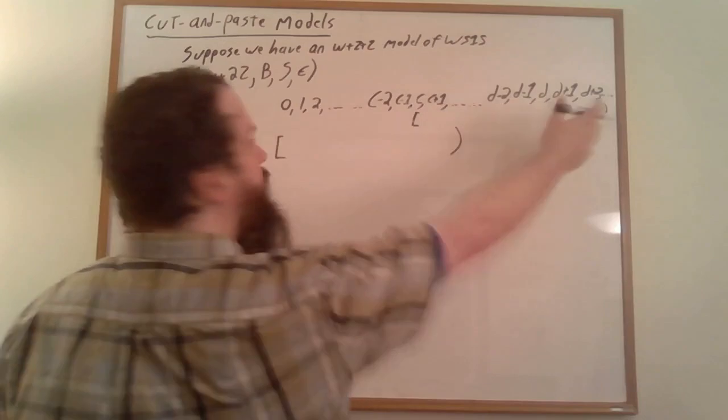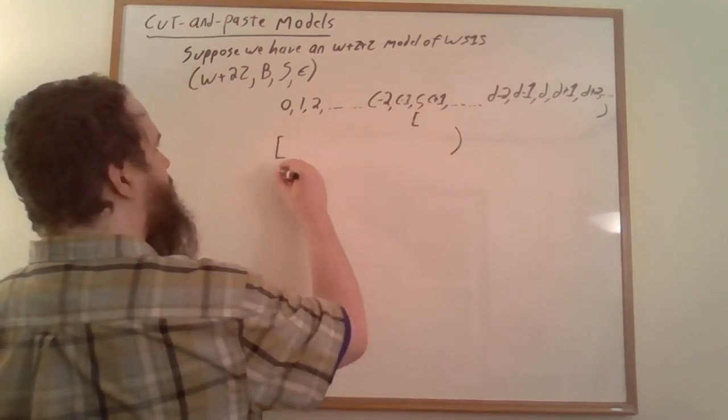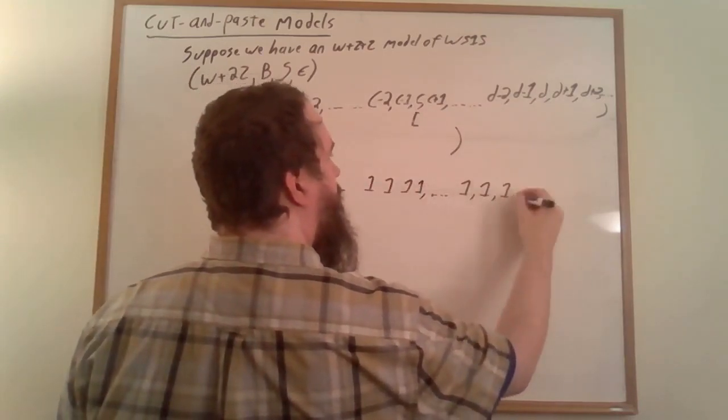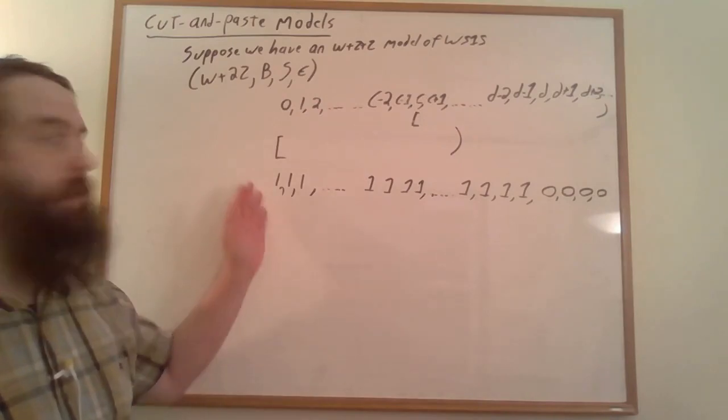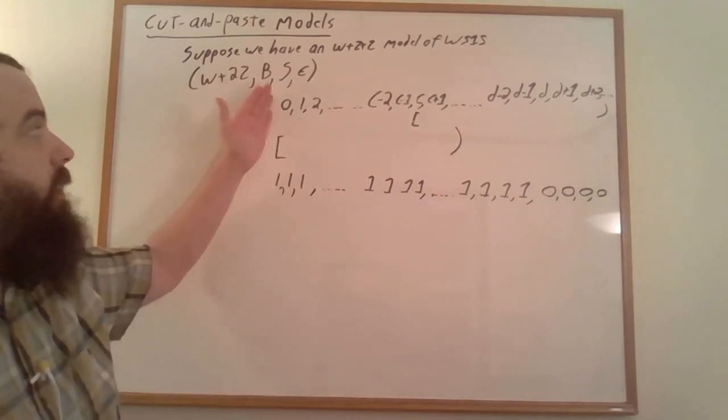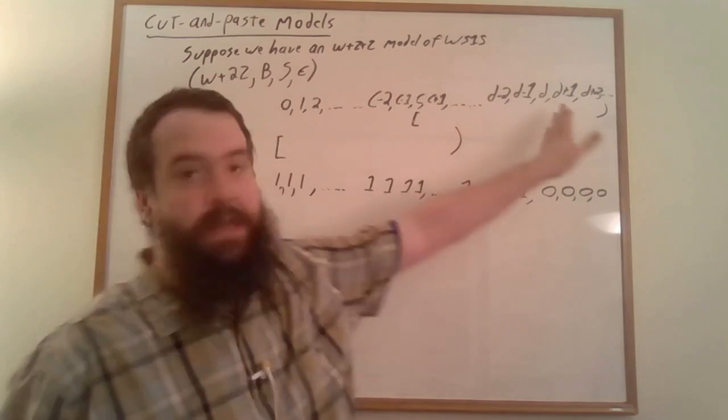In our original model, we have a set that looks like this. That is, it's going to be a set that contains all of the elements from 0 to D, right?